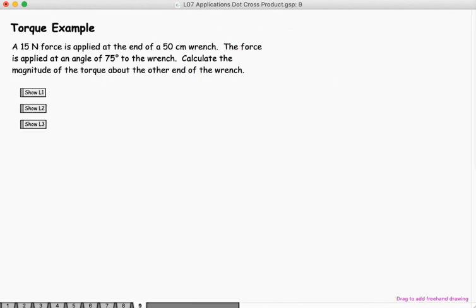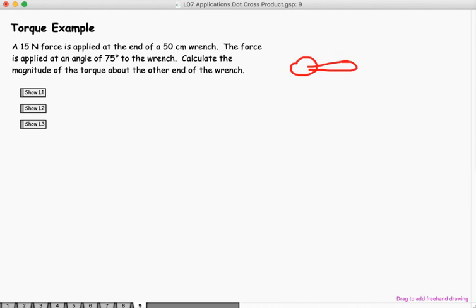So a 15 Newton force is applied at the end of a 50 centimeter wrench. The force is applied at an angle of 75 degrees to the wrench. Calculate the magnitude of the torque about the other end of the wrench. And again, okay, here is my wrench, right here.